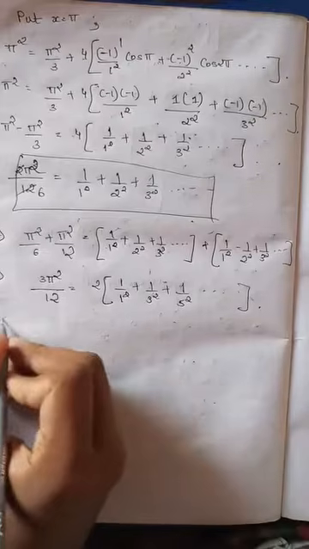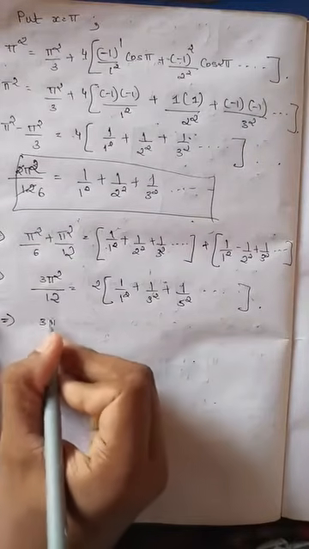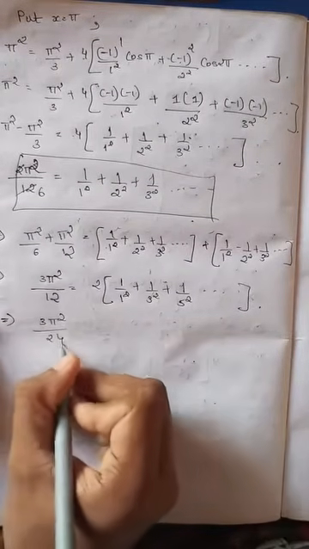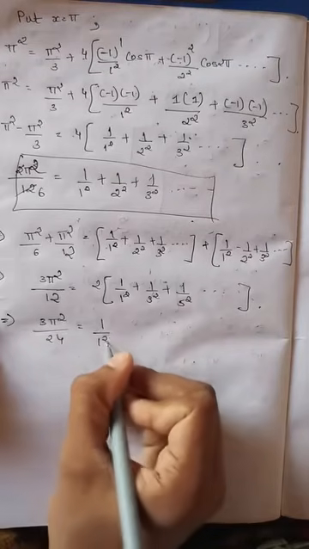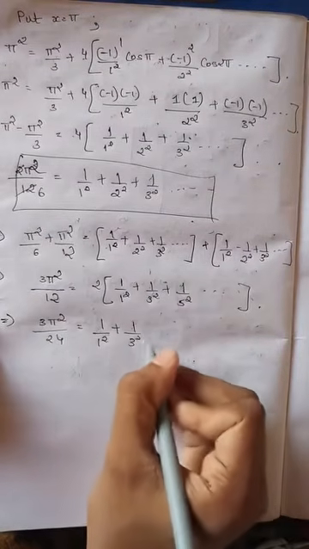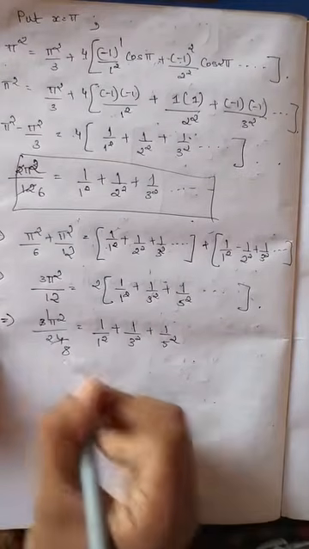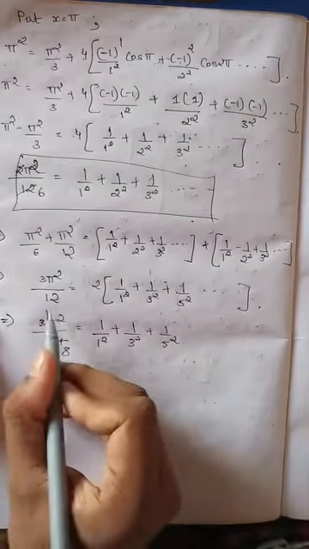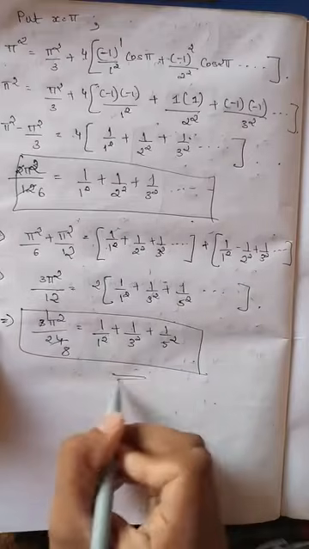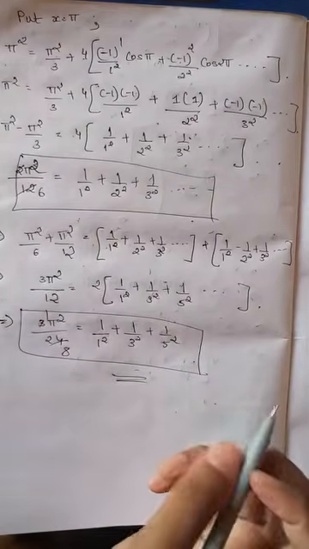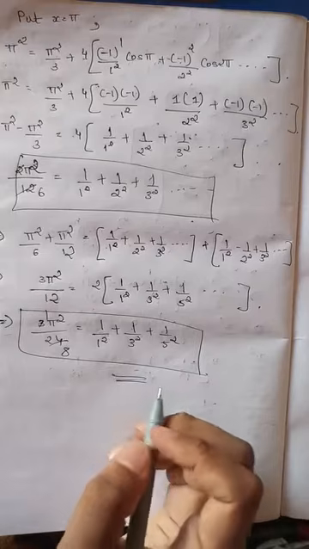In the same way, bring this 2 to the denominator, 12 into 2 becomes 24, equal to 1 by 1 square plus 1 by 3 square plus 1 by 5 square. So we got the third proof as well. By adding the previous two equations, we even got this third proof.